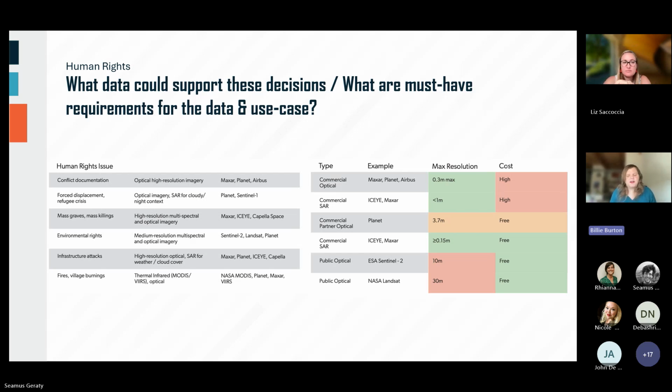And the best thing is that frequent orbit is just amazing because it means I can have an incident reported, say a school's been burned down, and in theory I could go the next day and say, oh yeah, it was burned down, here's the imagery to prove it, with some degree of resolution and confidence. Of course, working on conflicts in tropical regions, you will know that clouds are the worst thing in the world. They hide everything and make your job a living nightmare. But that's kind of the ideal.